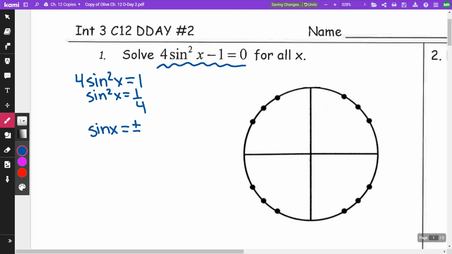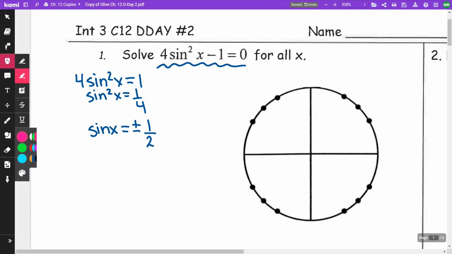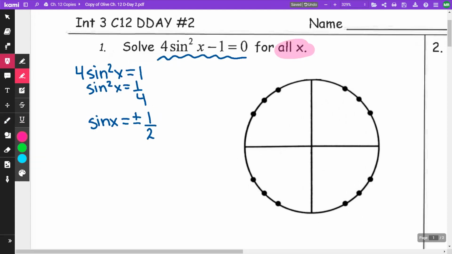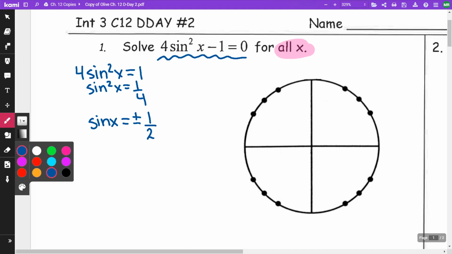And when I take the square root of a 1/4, I take the square root of a 1, which is a 1, and the square root of a 4, which is a 2. So I'm looking to see where my sine is equal to a positive and negative 1/2. We also want to pay attention that they want it for all x. So this is where I might have to add and subtract, for example, 2 pi n or 2 pi k, whichever variable you want to use.